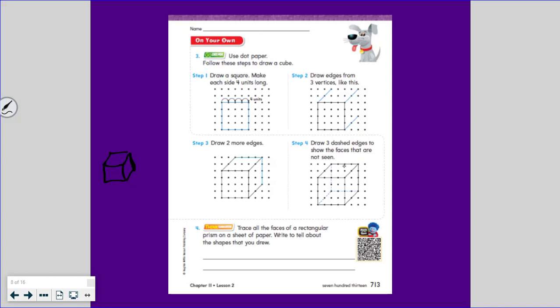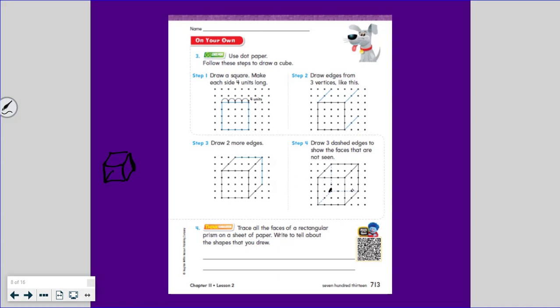And then, if you want to draw the edges in the faces that are not seen, you're going to draw a dotted line right here, and here, and here. So I like to draw a dot, which is going to tell me where to draw the edges to. And then I'm going to connect this corner. Okay, so connect that corner with me.